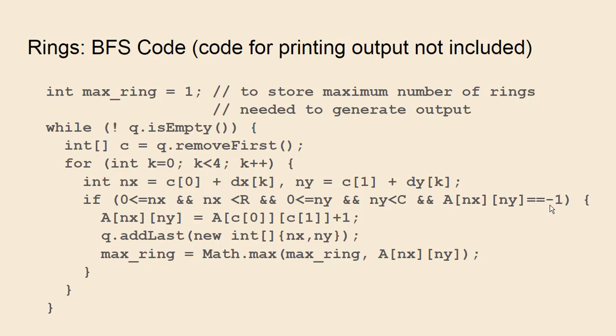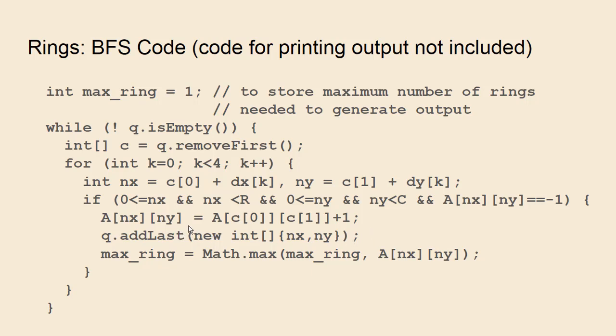So we check whether it equals -1, which is the value the tree trunk cells were initialized to. In that case, that means we have seen a new tree trunk cell that has not been assigned a ring number yet. So we assign the ring number to be the current cell's ring number plus 1, and we also add this to the queue.